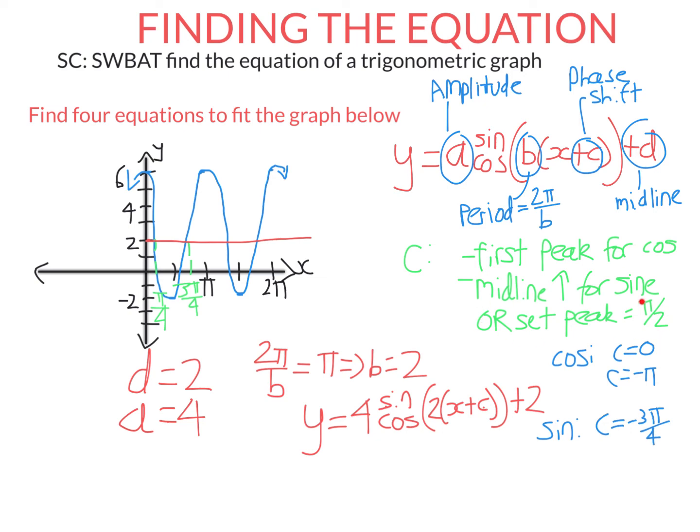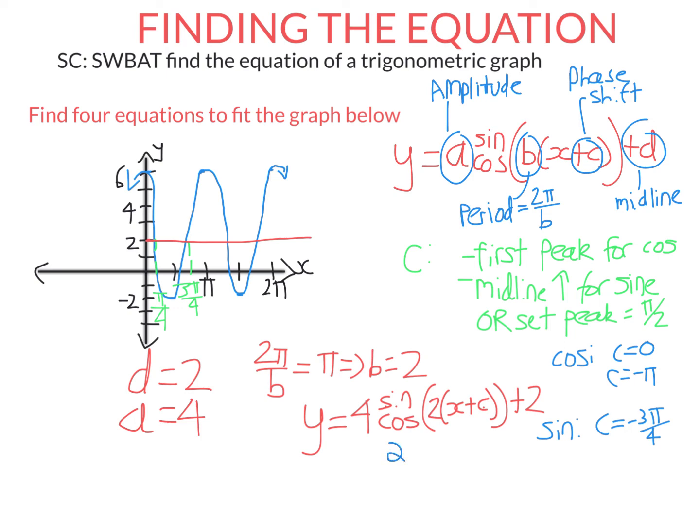The other way you can find C using the sine graph is you can set this thing here equal to pi on 2. What am I talking about there? The normal peak for y equals sine x occurs at x equals pi on 2. So the peak here is at 0. So what I can do to find C is set this thing in brackets equal to pi on 2 when x equals 0.